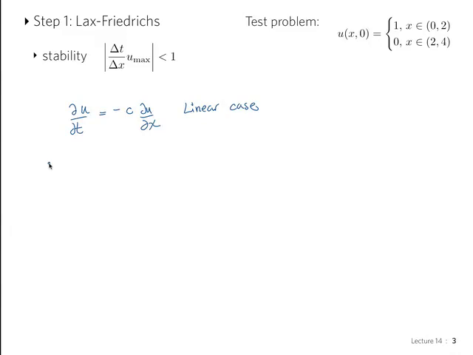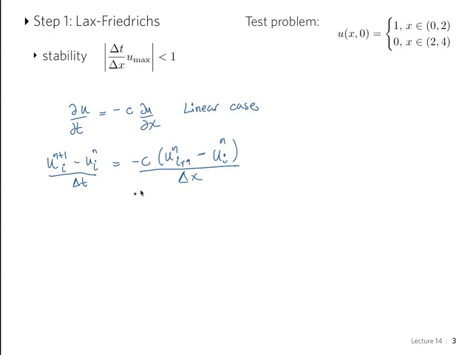Let's just look at our usual scheme: u_i^(n+1) minus u_i^n divided by delta t equal to minus c times u_(i+1)^n minus u_i^n over delta x. That's the usual one, right?